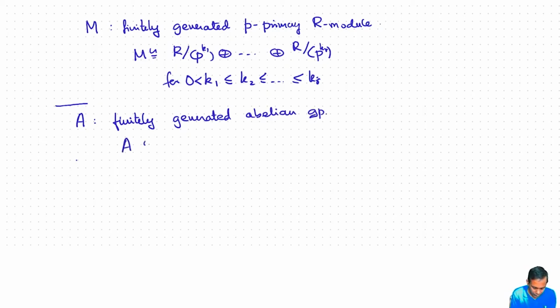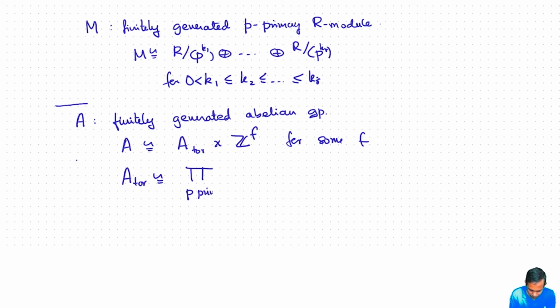Then A is isomorphic to A torsion plus, and I'll write it in group notation, so I'll use the product of groups, cross Z to the power f for some f. And this A torsion is isomorphic to the product over all prime numbers p of A_p.